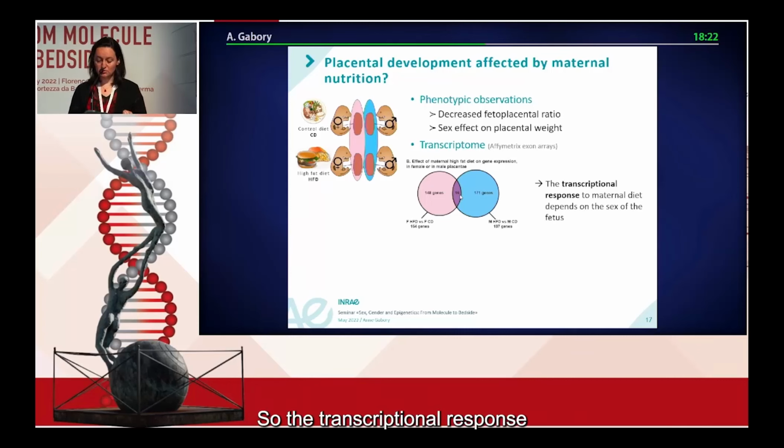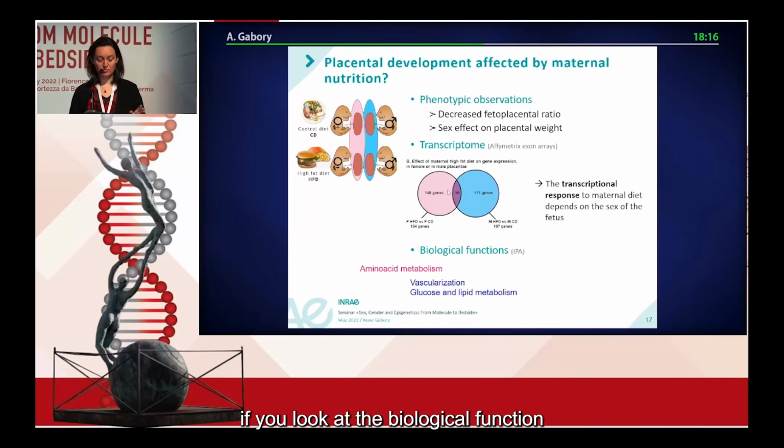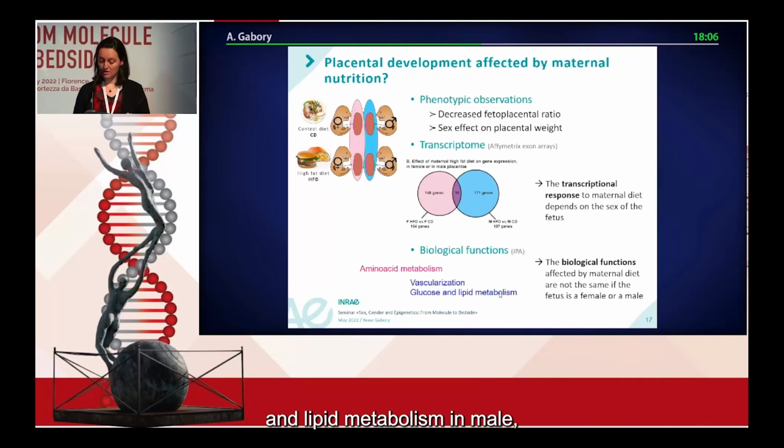So the transcriptional response to the maternal diet depends on the sex of the fetus. And moreover, if you look at the biological functions associated with those genes, they are linked with amino acid metabolism in female and more to vascularization and glucose and lipid metabolism in male. So not only are the gene sets not the same, but also the biological functions affected by maternal diet are not the same if the fetus is a male or a female.